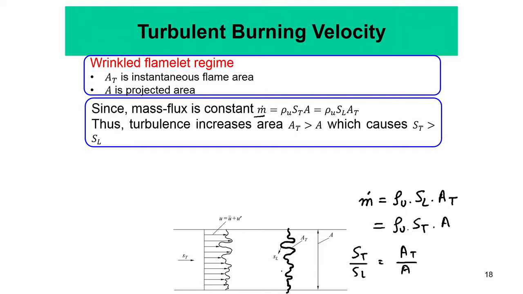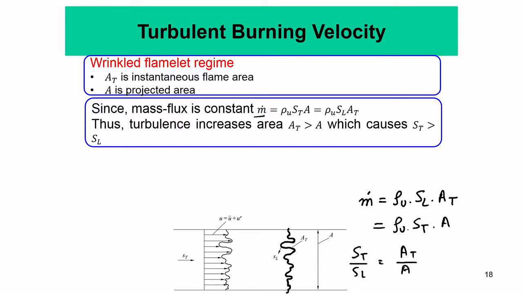The appropriate velocity locally with which this mass flow rate is going in is essentially SL, which is the relative velocity between the local flame motion and the local fluid velocity, and that is why SL comes in. Then we equate it to an average speed with which the mass must be fed for the flame to be stationary, and that is given by ST.